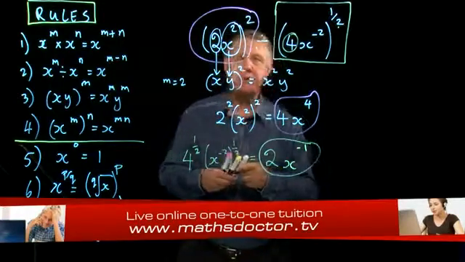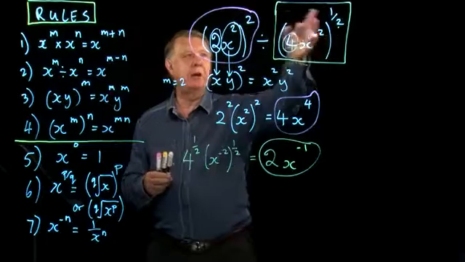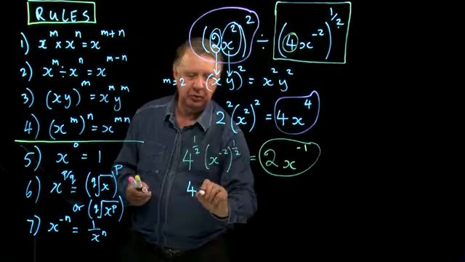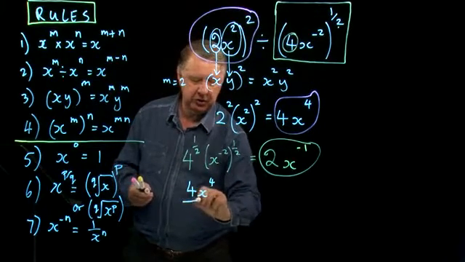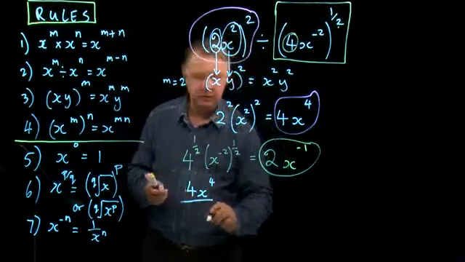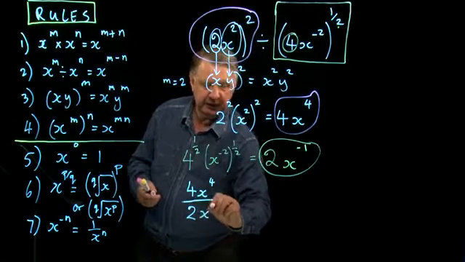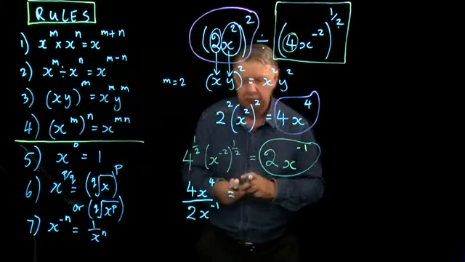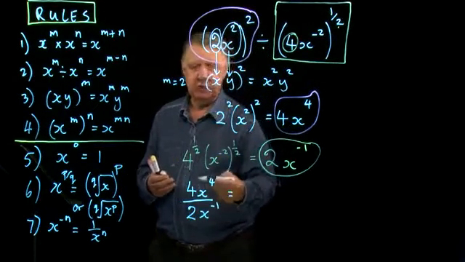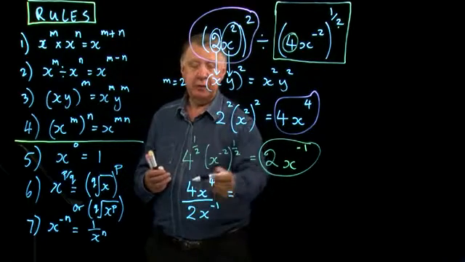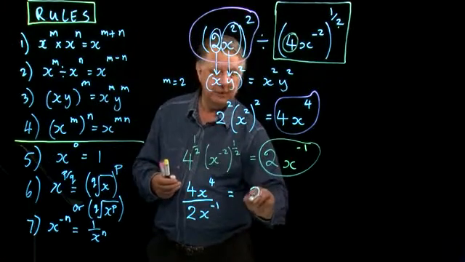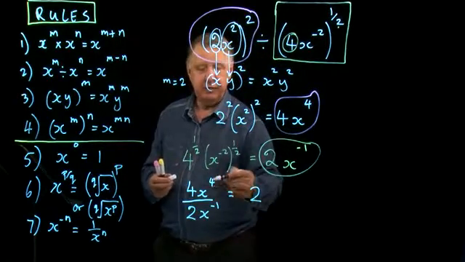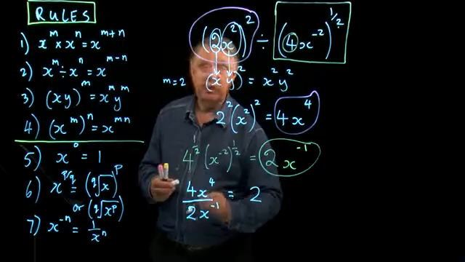So I've now got to divide the pink box by the yellow box. So I'm trying to divide 4x to the 4 by 2x to the negative 1. Now, I'm always nervous of a division sign. I'd like to write this underneath because I think it's clearer as to what we're going to do next. A sort of a picture is almost telling you what to do, isn't it? So 4 over 2, that's 4 divided by 2, which is 2. Now look here, x to the 4 divided by x to the minus 1.